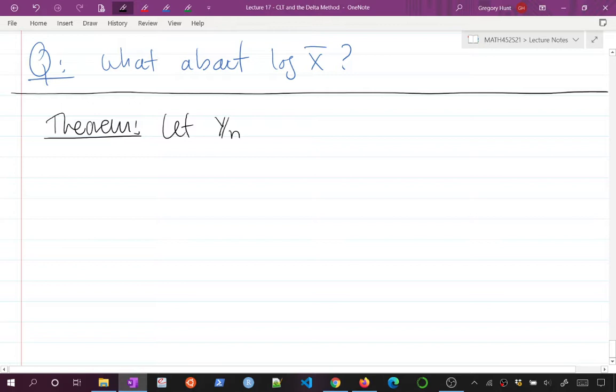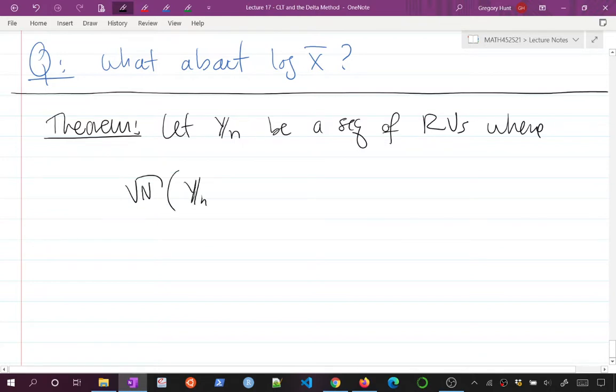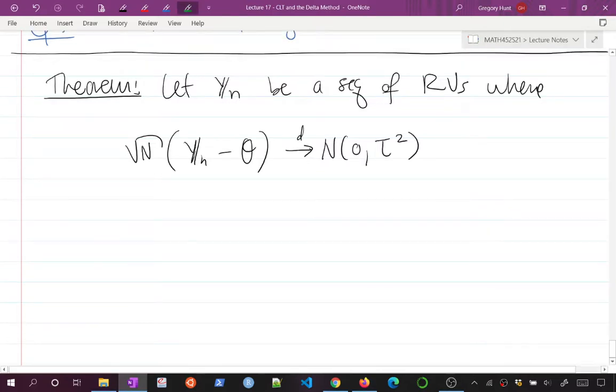We're going to have Yn be a sequence of random variables where root n times (Yn minus some constant theta) converges distributionally to a normal(0, tau squared) distribution. So here theta is some parameter, or some function of a parameter, and tau squared is some constant.